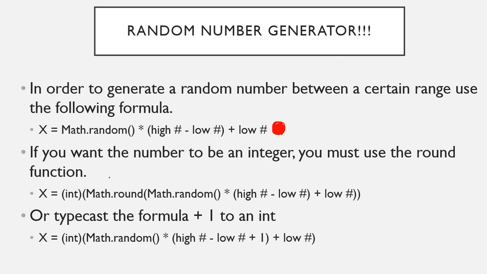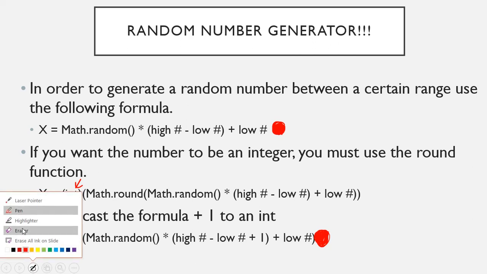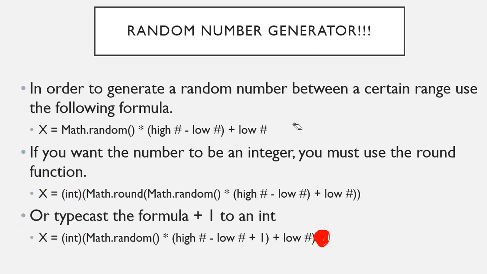If you want that integer, you have to use the math.round and then also the int function. However, this one's a little bit harder to memorize. So we like to typecast the formula with a +1 to int. So I use this formula right here. This is the one that I would get committed to your memory.